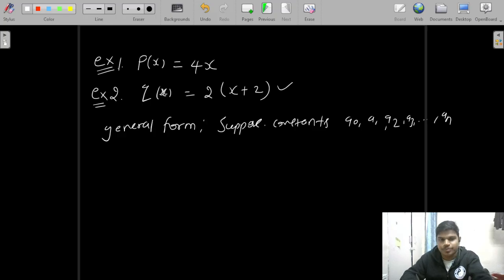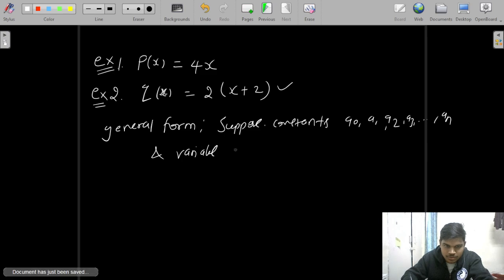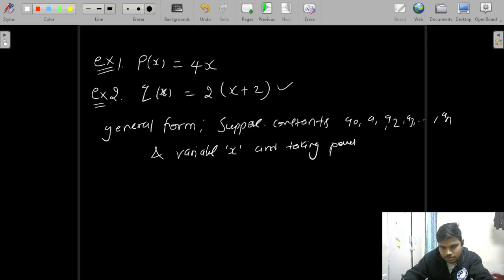And variable x, taking powers of x, meaning x square, x cube, x to the power 4, and so on up to x to the power n.